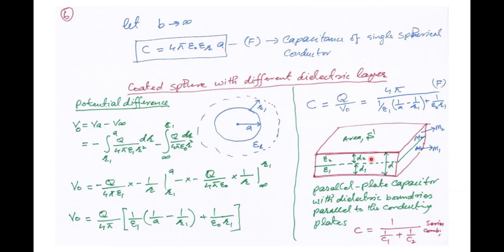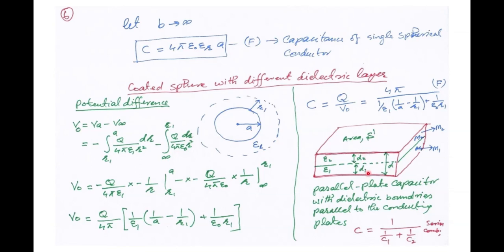That is, in the region occupied by material 2, the potential is different than in the region occupied by material 1, which we have represented by d1. So in this region, the potential is different than the potential in this region.